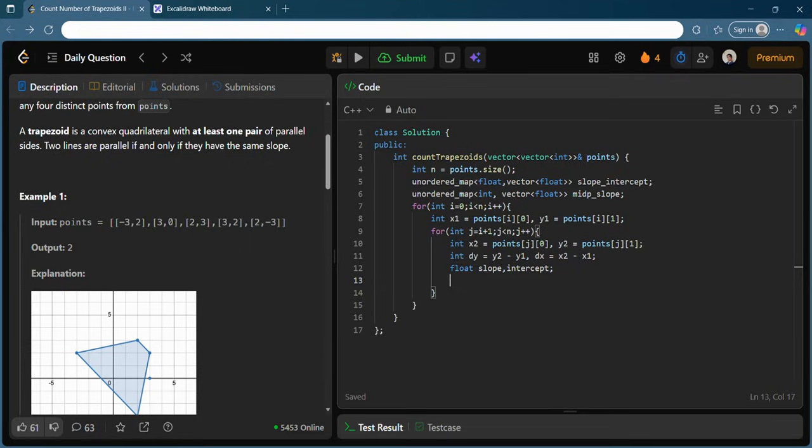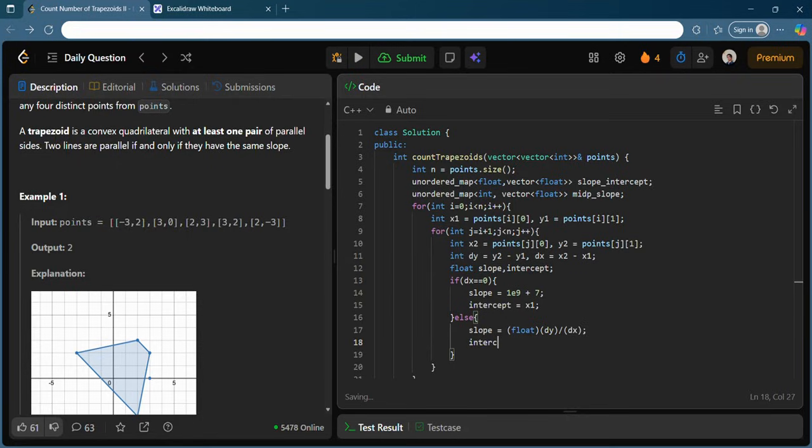So after all of this, if dx equals 0, it definitely means that the slope is infinity. So I will call this infinity, say 1e9 plus 7, and this intercept is x1. Otherwise, we have different slopes and intercepts. The slope will be float of dy by dx, that's simple.